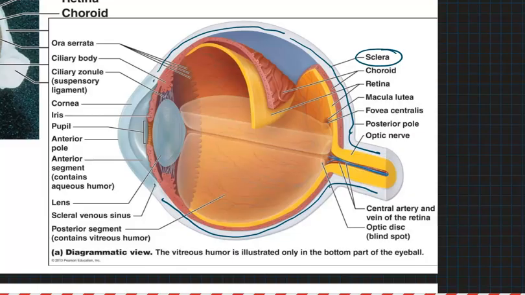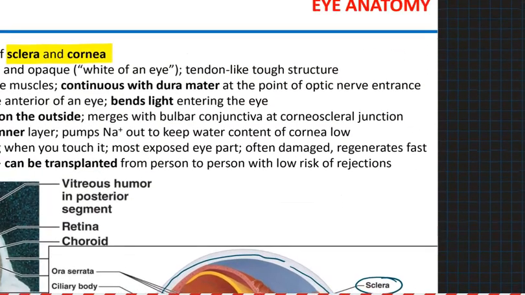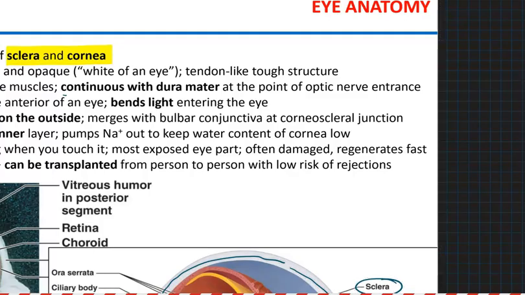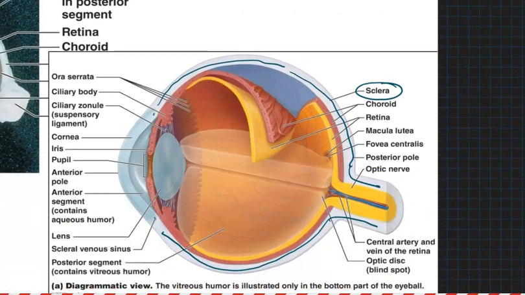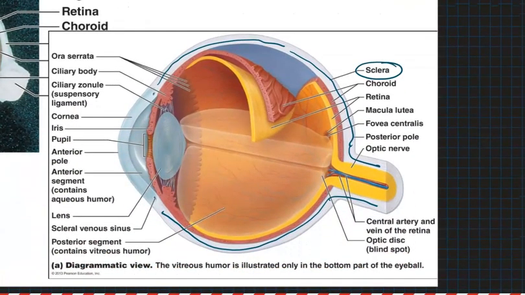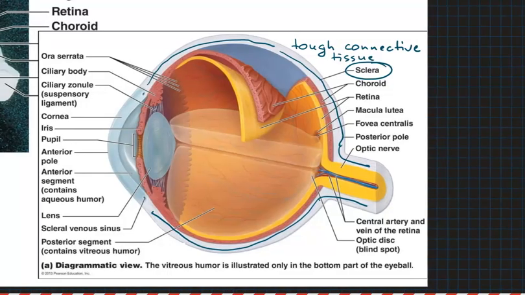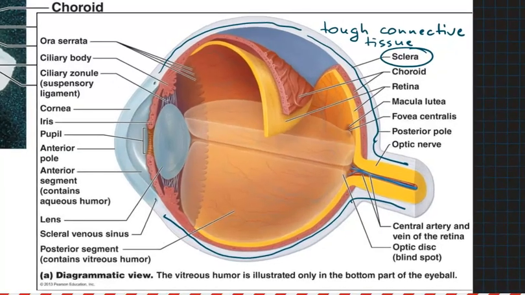And what's interesting, it is also continuous with the dura mater, that is essentially an epineurium of the optic nerve. Sclera is tough, irregular, dense connective tissue, and its function is to provide the site of attachment for extrinsic eye muscles.